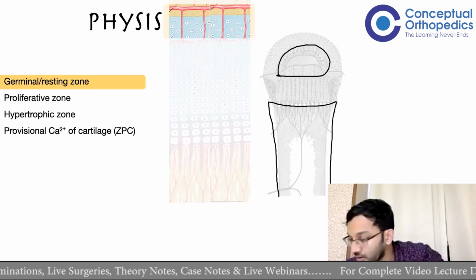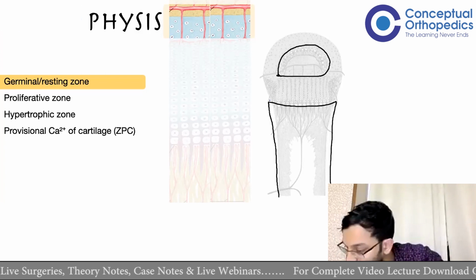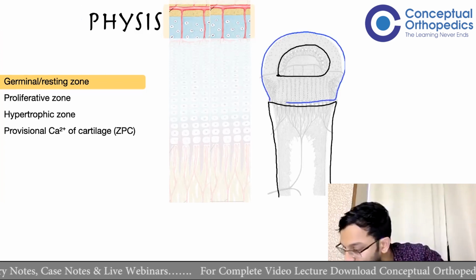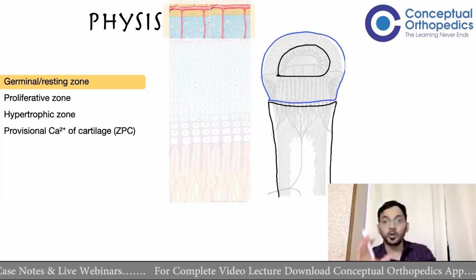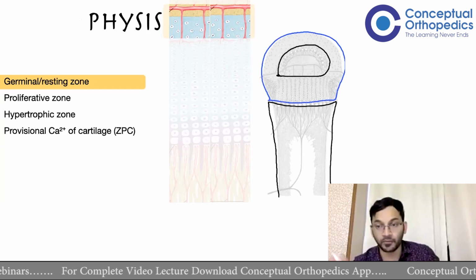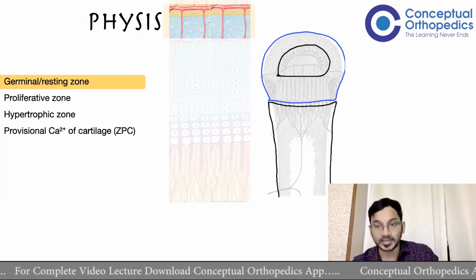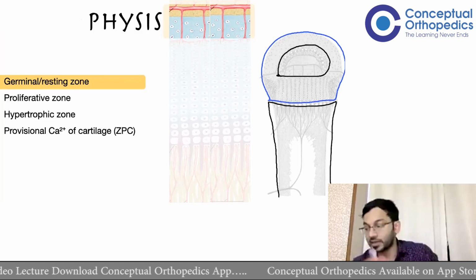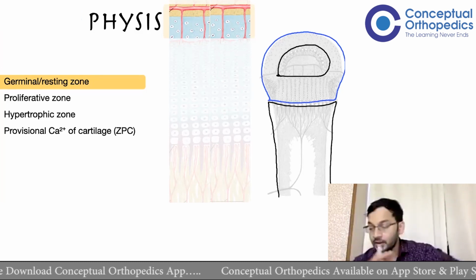The rest of the region, this region, is generally radiolucent. We are not able to see this on the X-ray because the majority of this region is physis, and physis is always cartilaginous. Okay, so that is why they are radiolucent.